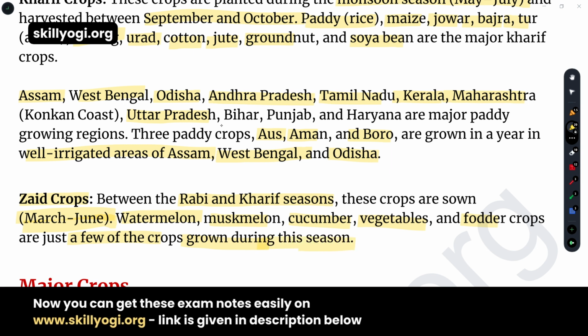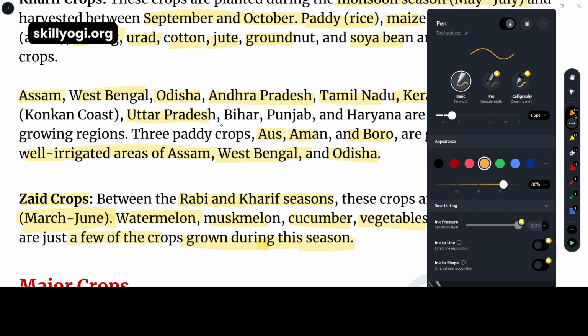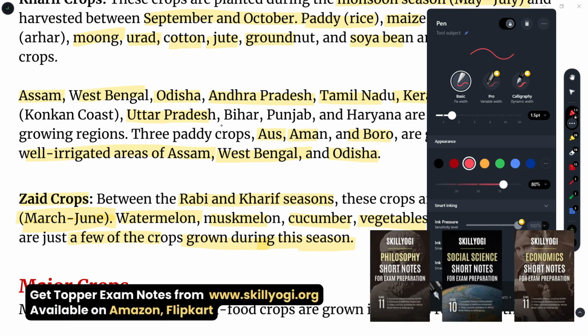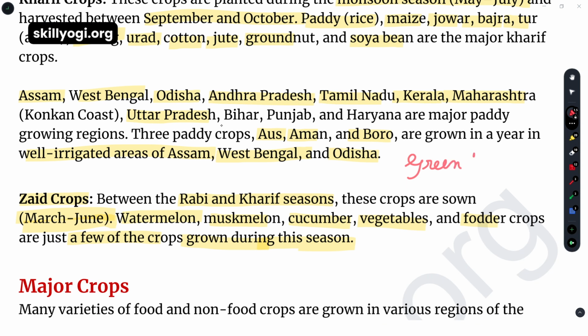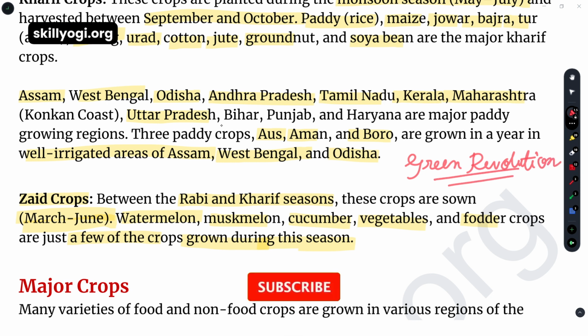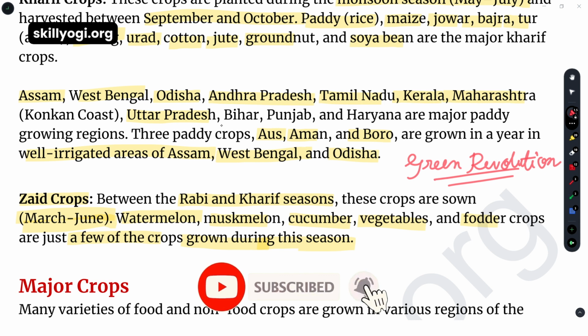Now what is the green revolution, I will tell you. In a short matter, I will tell you what is the green revolution, because this green revolution is completely related to the growth of the paddy and wheat crops.